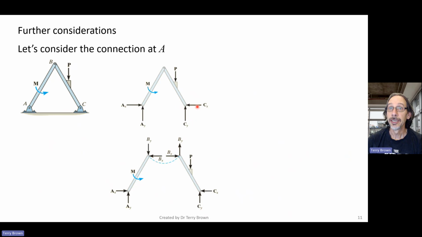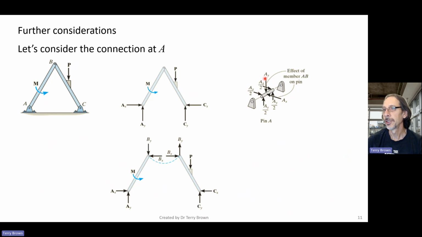All right, now let's consider further considerations. Let's consider the connection at A. At A, we have another pin connection, with this clevis here. If we separate that, we've got AY and AX. Now this is usually a double shear connection, so we've got these lugs on either side.